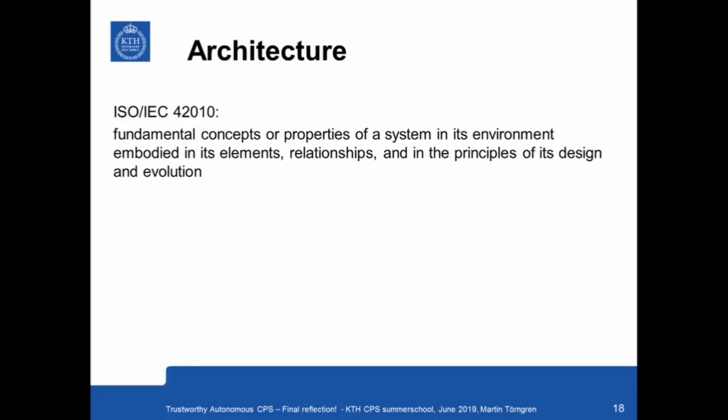And it talks about architecture as the fundamental properties of a system in terms of how we set up our overall organization. For example, the hierarchies, the connections, the scheduling strategies, the control strategies. It's kind of an abstract concept.